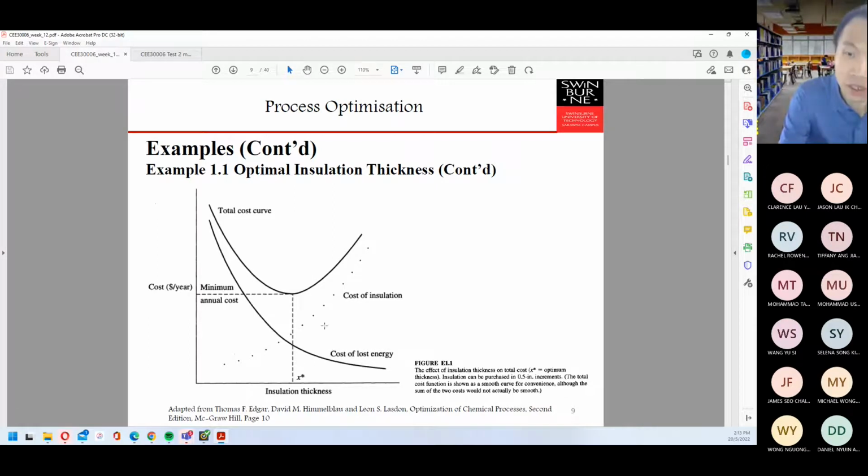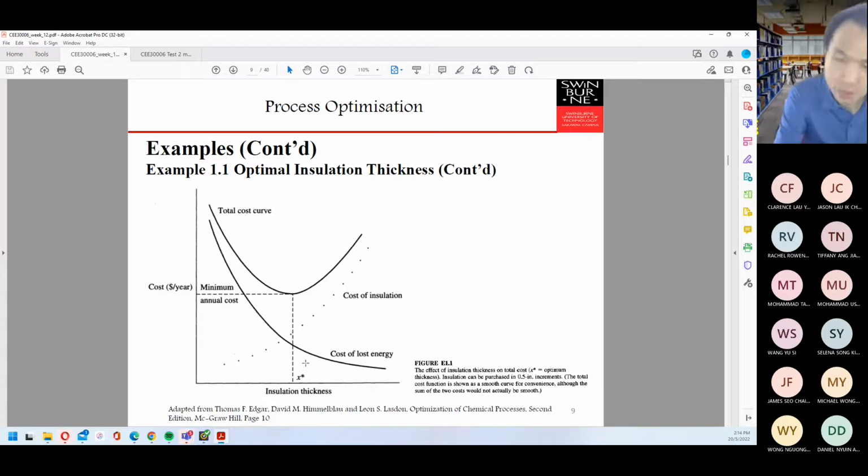That's why in optimization problems we come across many different variables. This variable in here is called a discrete variable. This is not a continuous variable. On the other hand, the cost of the lost energy can come continuously, because it can be defined in terms of continuous values.